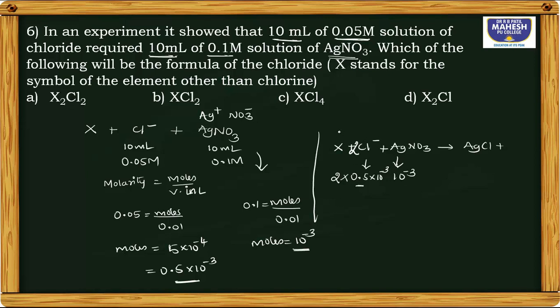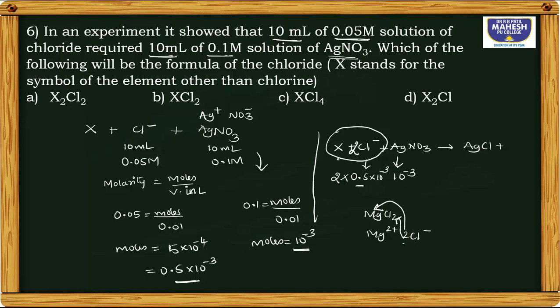Okay, so now I got X and 2Cl minus. Students, when magnesium chloride is ionized, what do we get? We get Mg2 plus and we get 2Cl minus. Am I correct? So this 2 indicates what? The charge present on the magnesium as well as the number of chloride ions present in the formula.